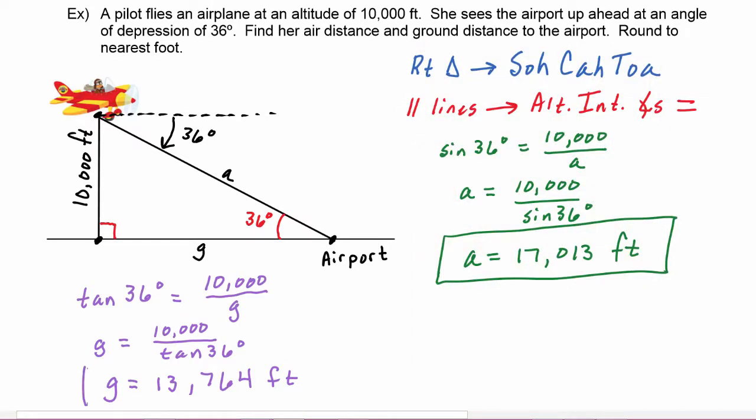And that is the ground distance from directly beneath the plane to the airport.